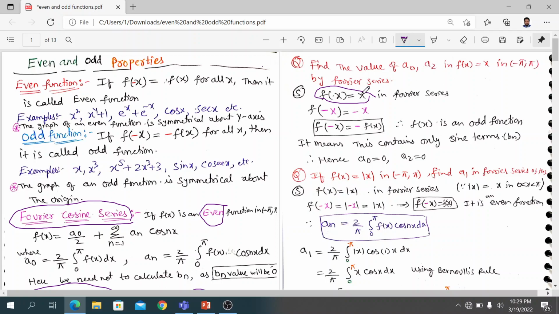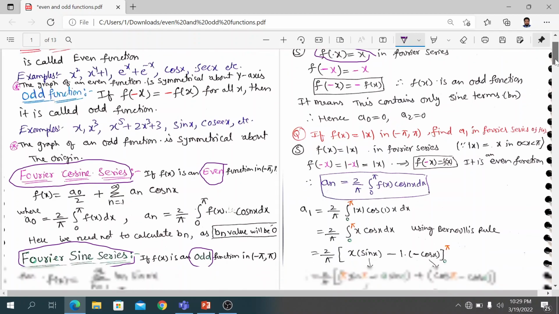What is x value? Nothing but f of x. Since f of minus x is equal to minus of f of x, therefore f of x is an odd function. That means it contains only sine terms, bn. Therefore a naught and a2 will be 0.